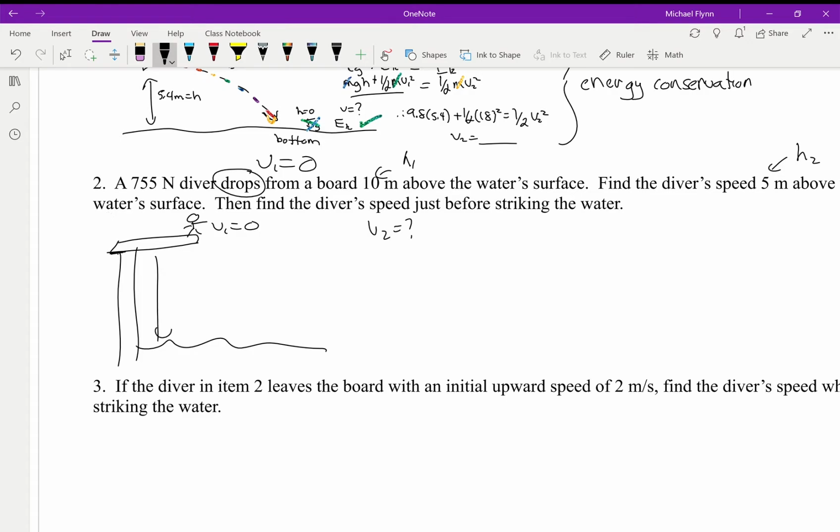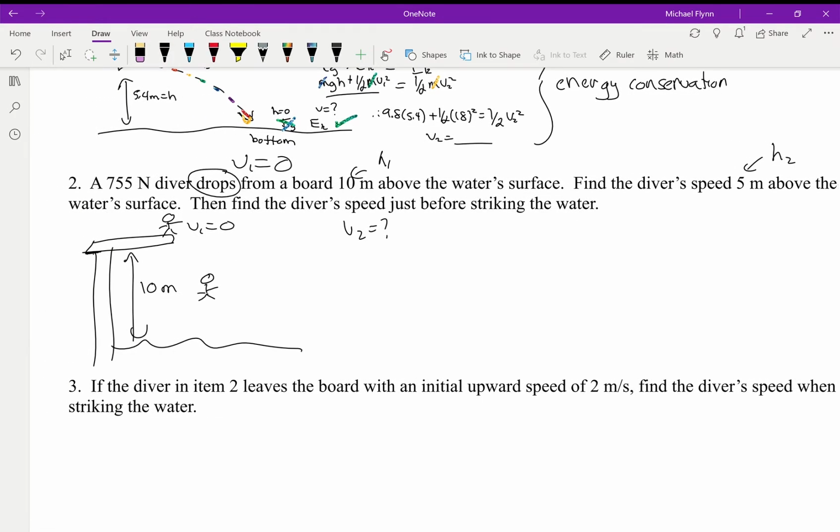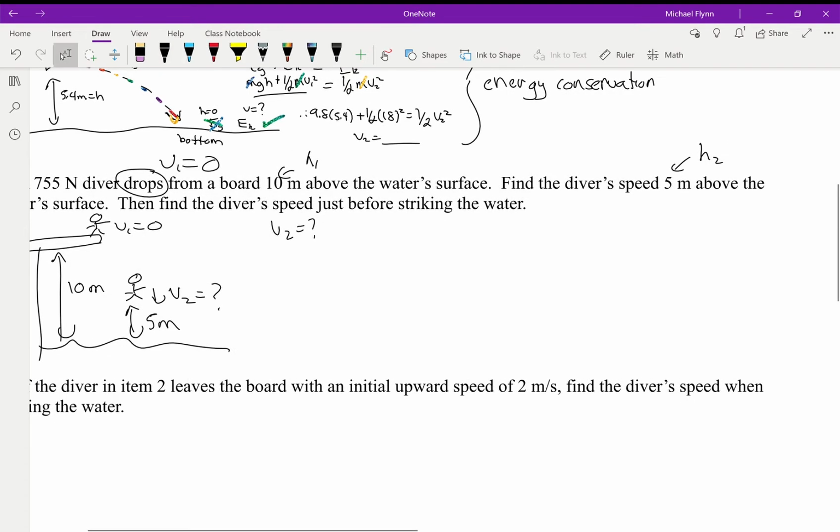This is 10 meters high, but later he's down here, 5 meters above the water line, and they're asking you for V2. Now you could use motion equations to do this if you wanted, but we'll use the energy method because that's what this is all about.